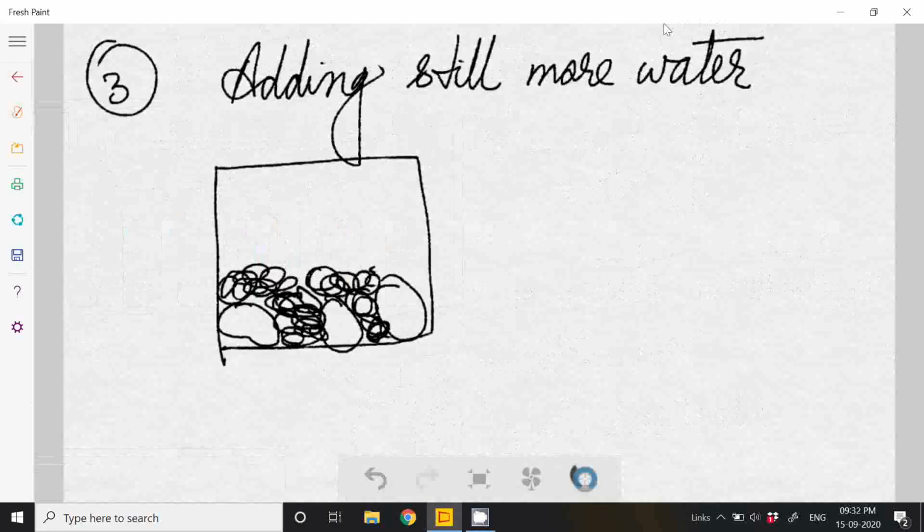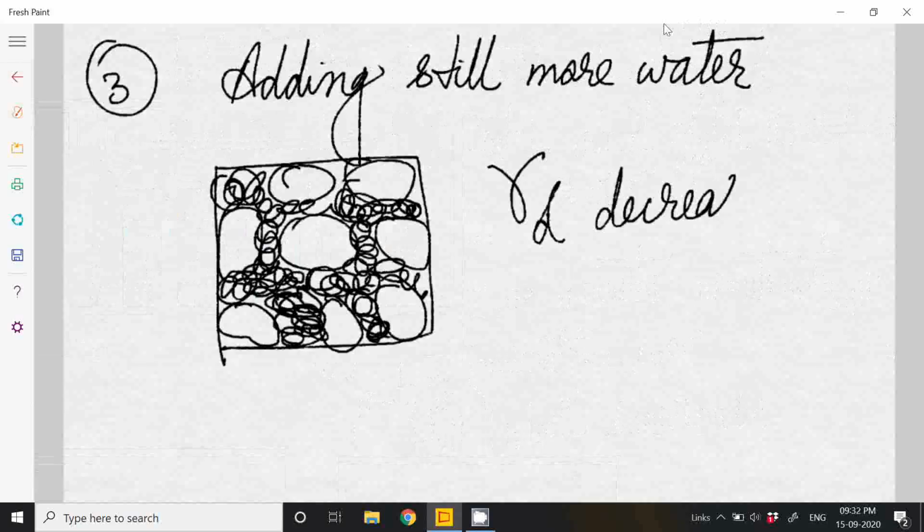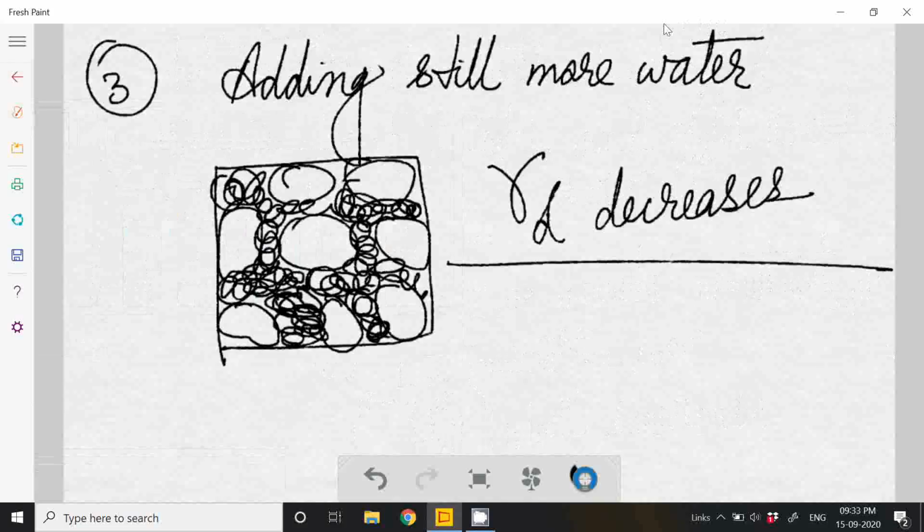Ultimately the compaction reduces, which means dry unit weight decreases.